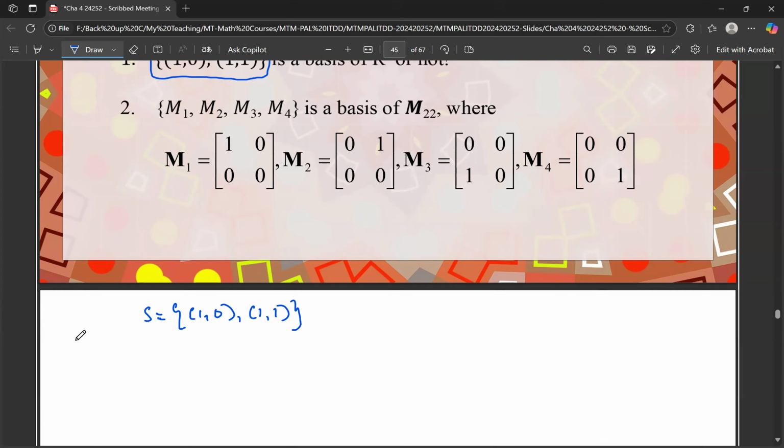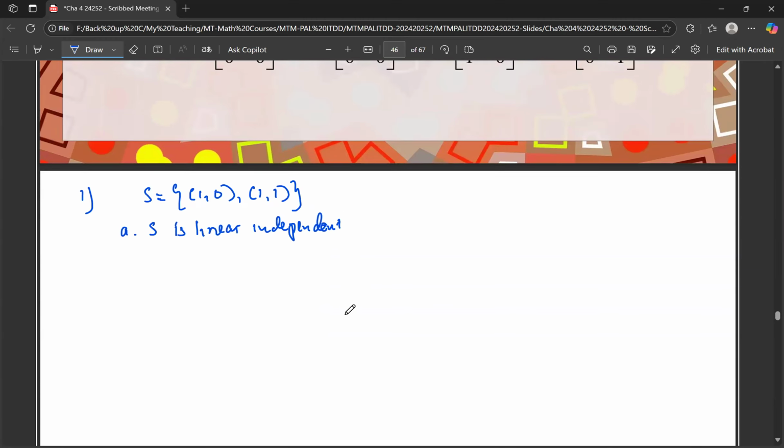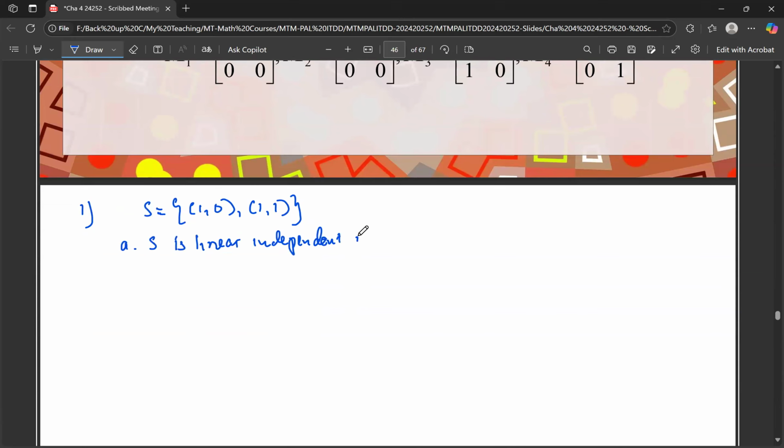For the first part, I will show that S is linearly independent. How to do that? In R2, to show linear independence, we make the linear combination k1(1, 0) and k2(1, 1) equal to (0, 0).